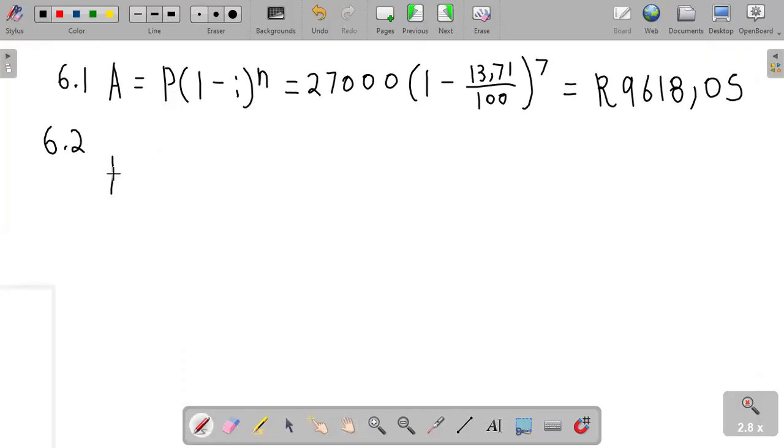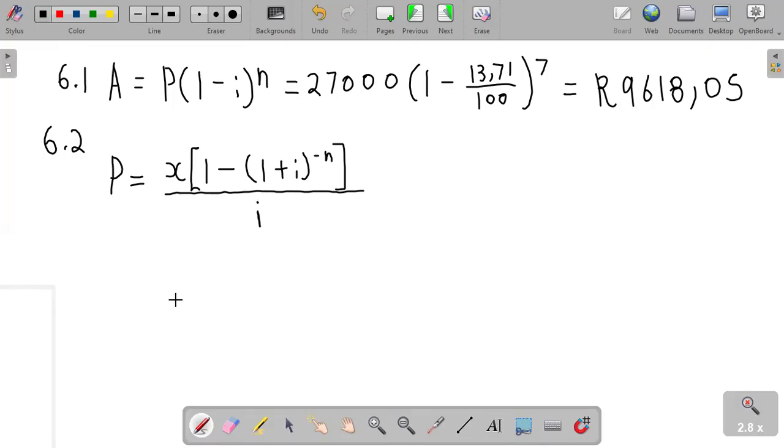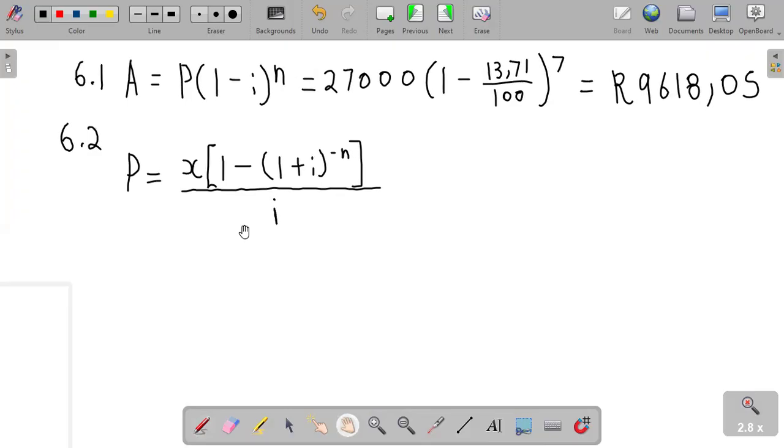It says P equals to, and then we say X over I. So then our present value here is 800, isn't it?